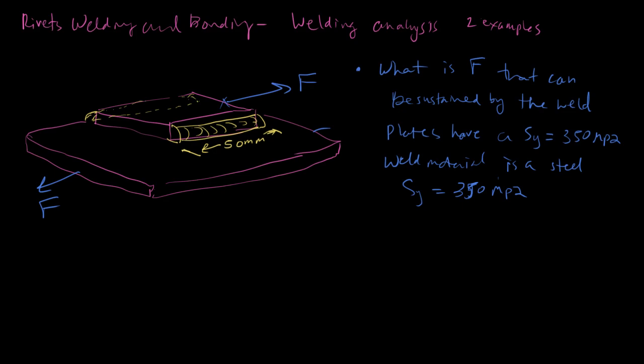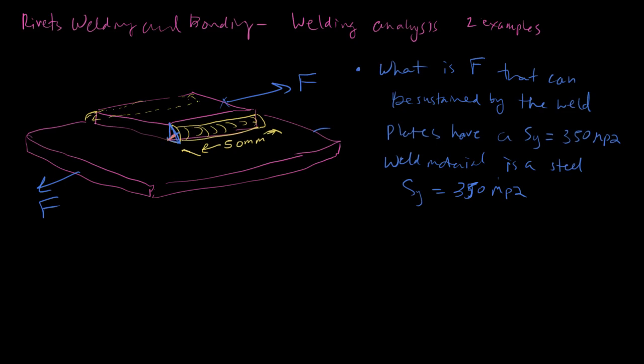So the question is, what is the force? And we've learned in the last video that the vertical height of the weld and the horizontal length of the weld, or the toe and the top, this length here is the throat.